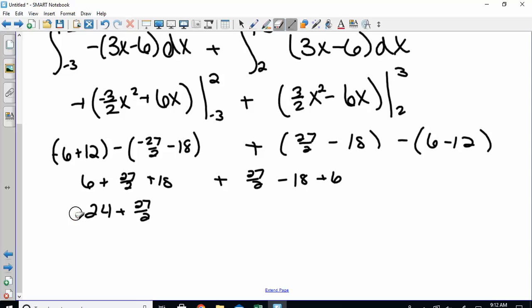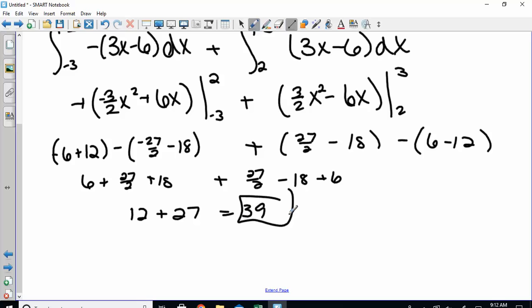Then, if I just do this, my 6 plus 6 is 12, my 18 is dropped, it's 27 plus 13. I had a negative on one of those the first time I did it. I just couldn't see it, so I had to work it over. There we go. Sorry that took me longer than it should have. Had a moment, I guess.